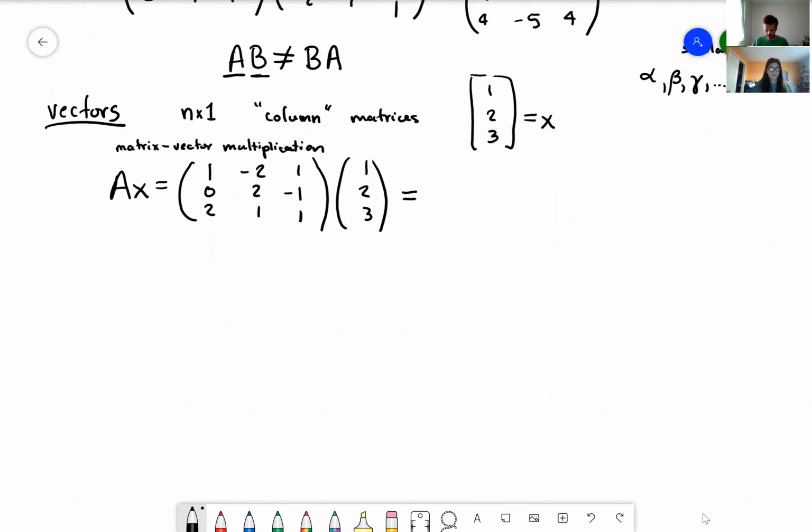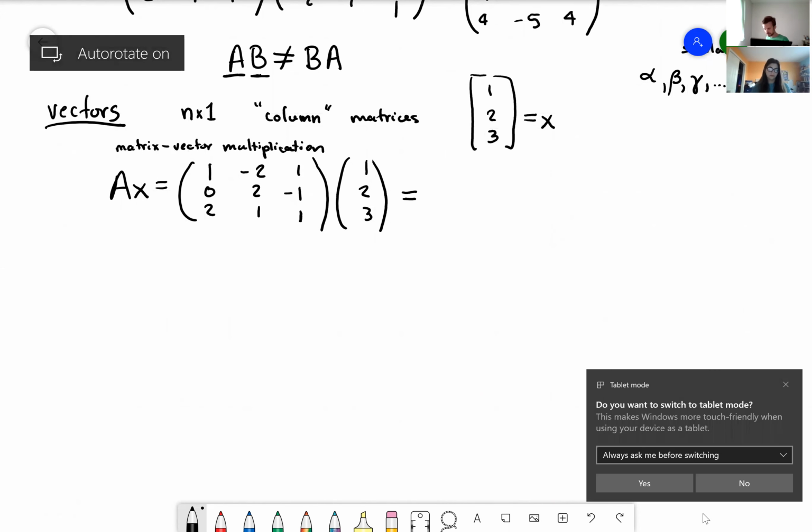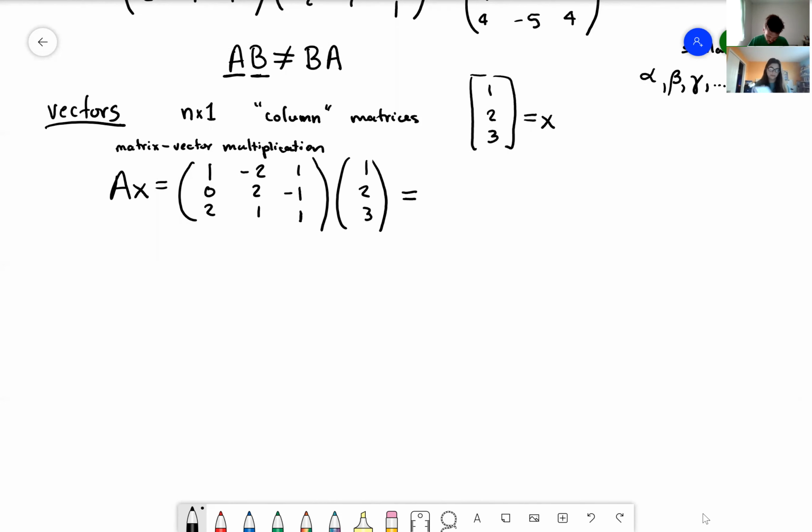Okay. So I'm going to try out this matrix vector multiplication. The top entry will be 1 times 1 plus -2 times 2 plus 1 times 3.